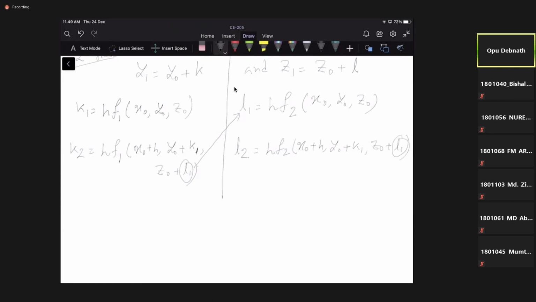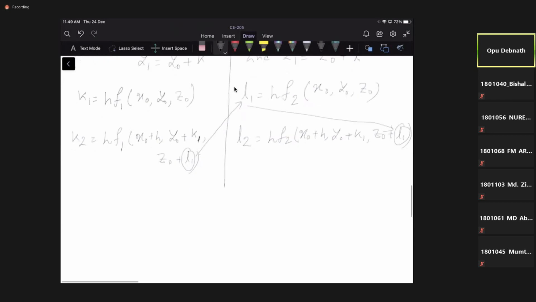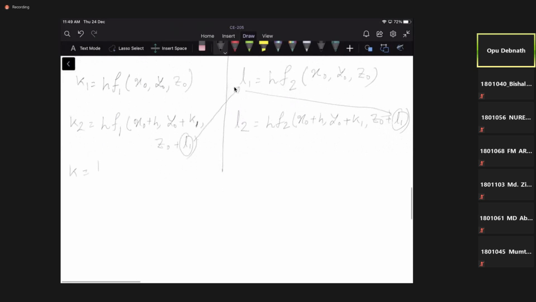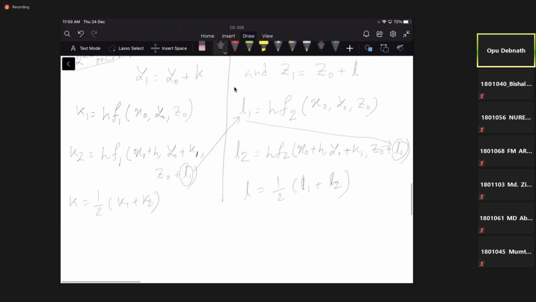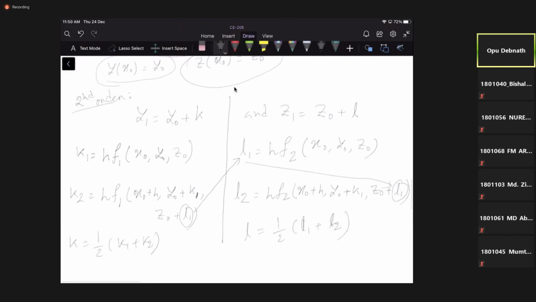So this L1 value is already calculated, so you will simply find this, and finally k is equal to half of k1 plus k2, and L is equal to half of L1 plus L2. Okay, so here I am showing the very simple one, the second order Runge-Kutta method.